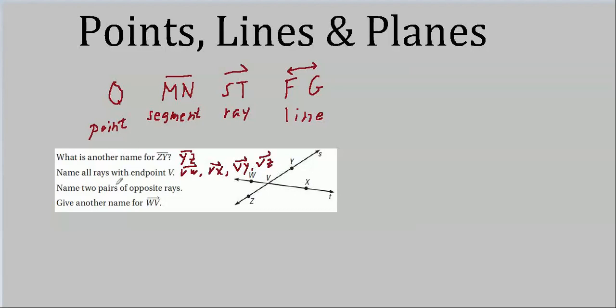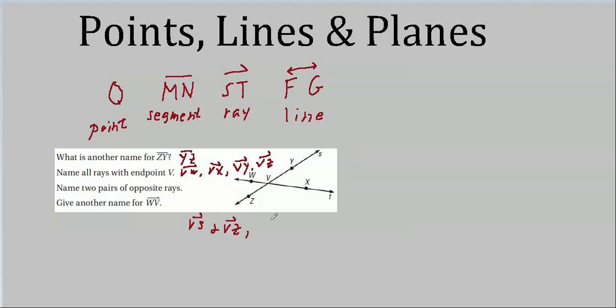Now, pairs of opposite rays. Remember, opposite rays share an endpoint. So, we've got VS and VZ. I'll write it down here. VS and VZ. That's one pair of opposite rays.